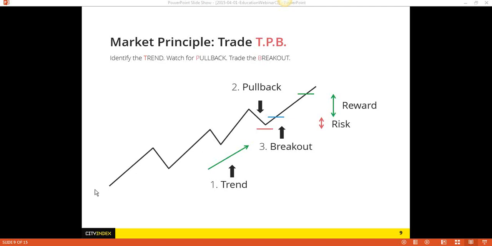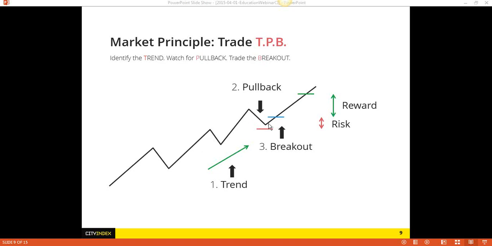Hassan asks, is it better to enter after it breaks the previous high? That's a great question too, Hassan. If it breaks the previous high, like this one right here, if you could see my mouse pointer. I addressed this question last week. You can play a break above the previous high.